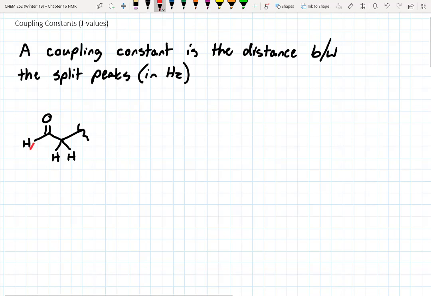I've got proton HA, and then over here I've got proton HB, right? So if we think about HA, if it's unsplit, we can assume it might have some sort of signal. And in this case, I don't know if you can see my graph paper on here, but I'm measuring it as 4 units tall. So this is HA unsplit.